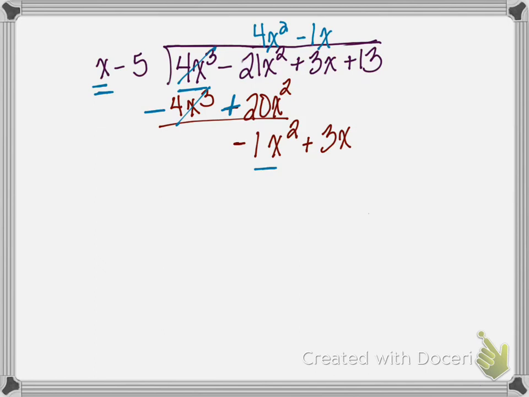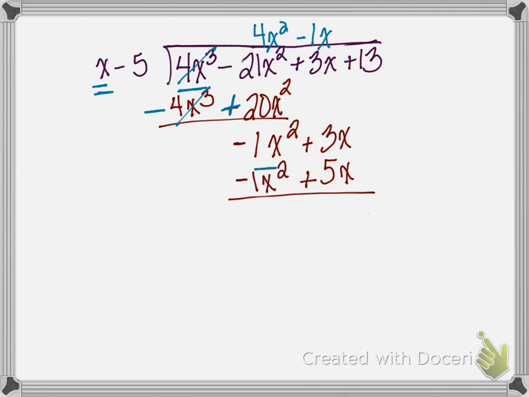Okay, so now I'm going to take my negative 1x and multiply it times my binomial. Negative 1x times negative 5 is going to be positive 5x. Then we have negative 1 times x, and that gives me negative 1x squared.